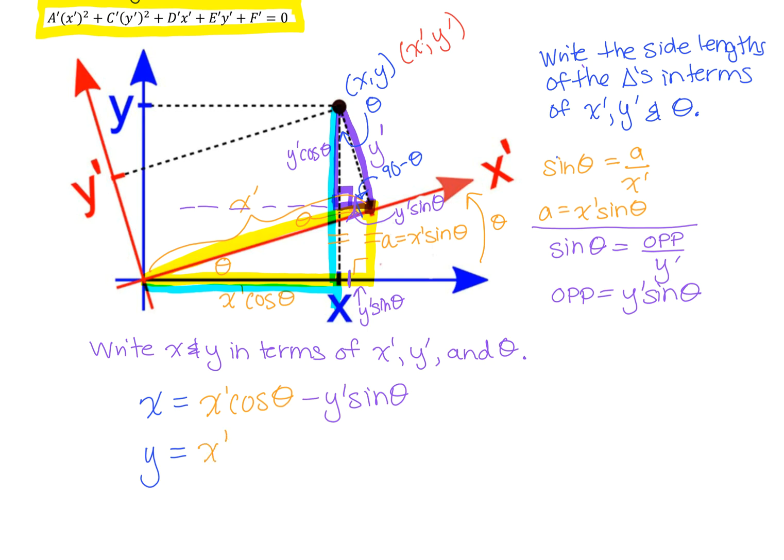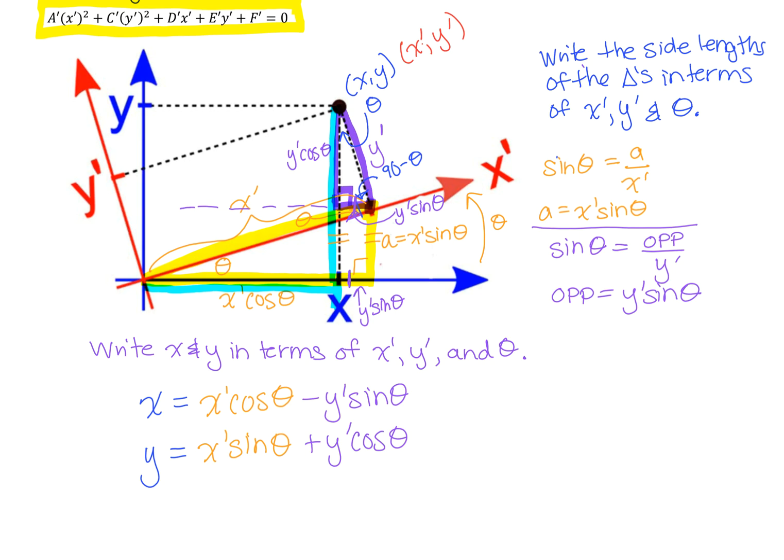So we have x prime sine of theta and then plus y prime cosine of theta. Perfect. All right, so we found a way to write x and y in terms of x prime, y prime, and thetas. So now we can take this and plug it into our equation and convert all of our x's and y's into the prime variables.